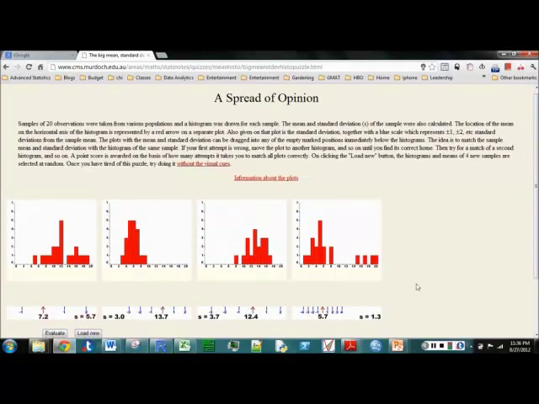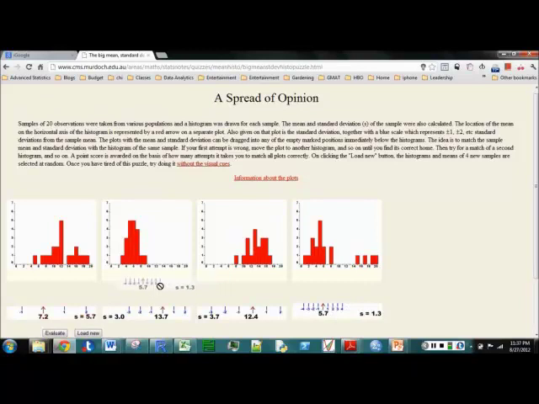What you can see is that I've got 4 histograms followed by 4 sets of means and standard deviations. So what I'm going to do is match these up. On the far right hand side you see I have a mean of 5.7. The other means are 12.4, 13.7, and 7.2.